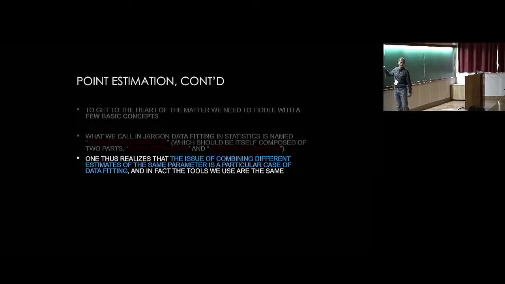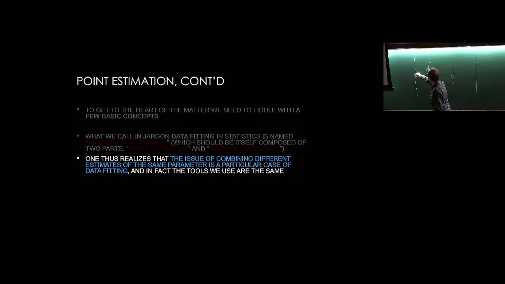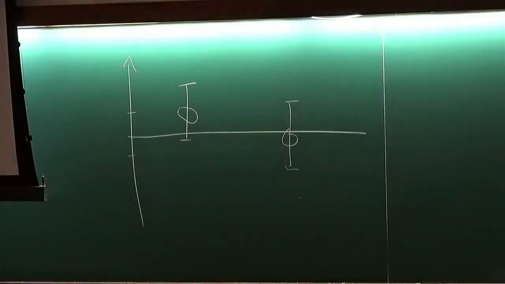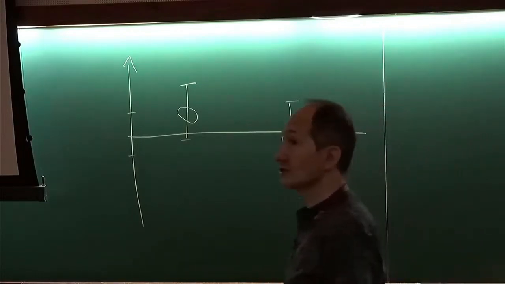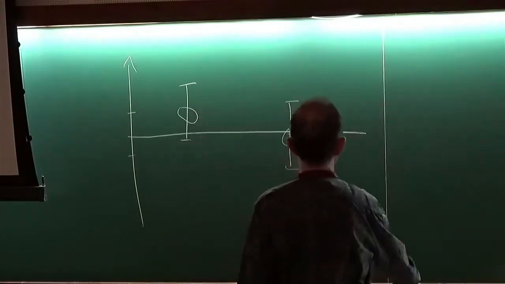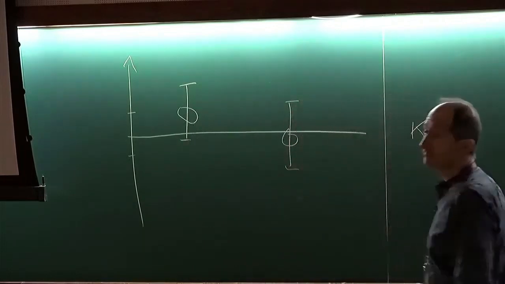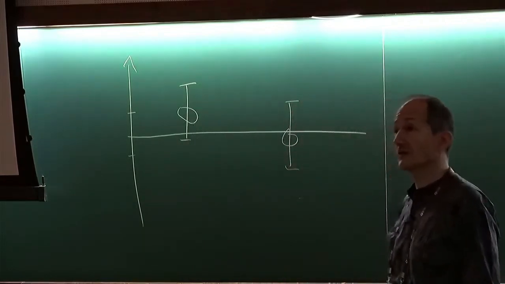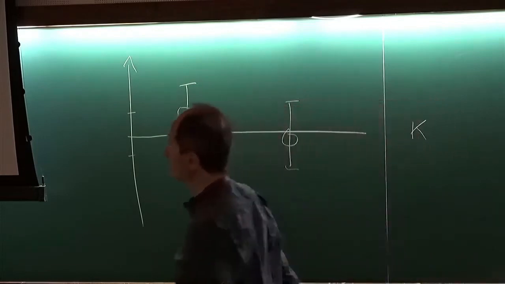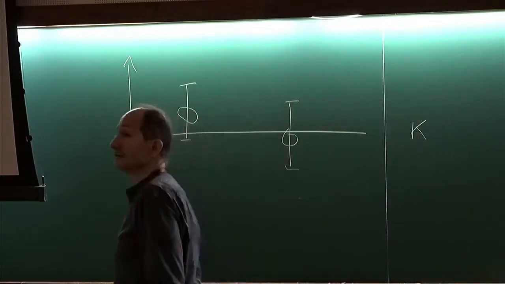It has slightly larger uncertainties because they're a little bit worse than us. But you want the common unknown value of this, and this is a fit to a constant. So you are fitting 2 points to a constant. You estimate the parameter of the constant. That is a special case of data fitting, which is combining 2 estimates of the same physical quantity, okay?